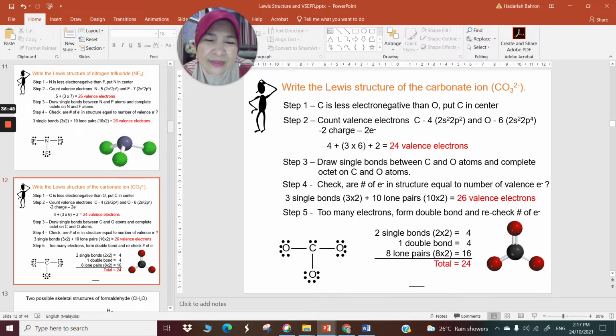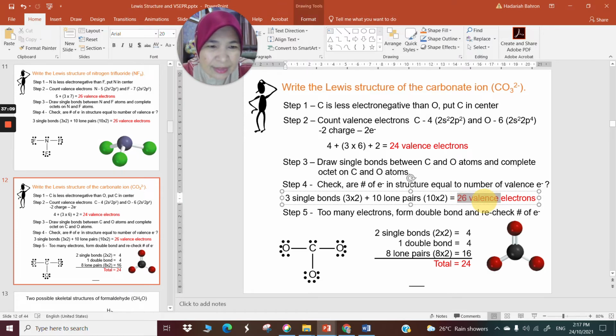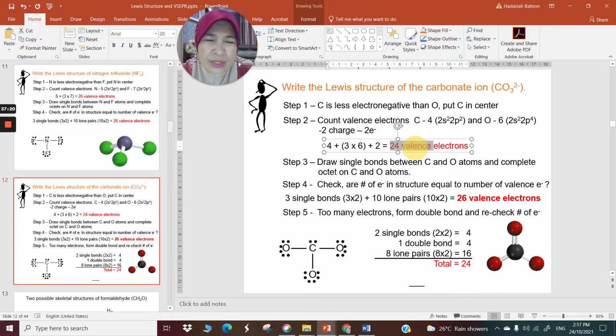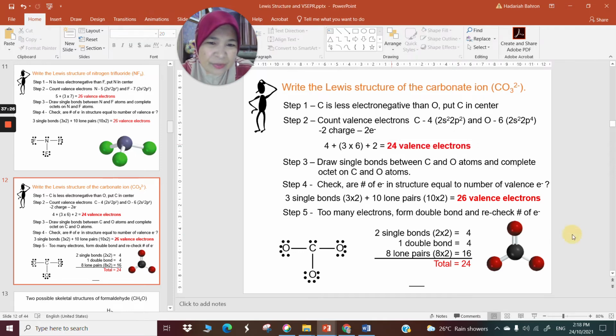And then you have 6 electrons for the bonds, 2, 2, 2, so 26. So you are saying that you get 26 electrons, which will be a little bit more puzzling for you because you shouldn't have this many electrons. You should only have 24 valence electrons.